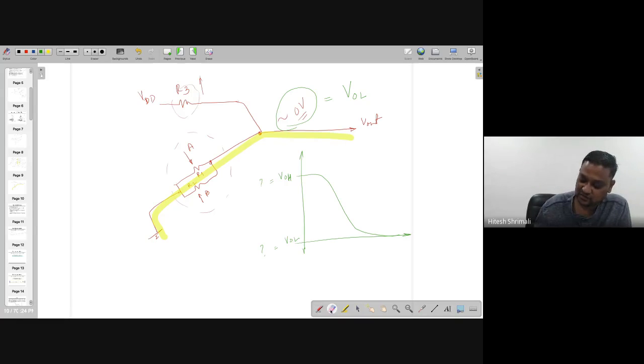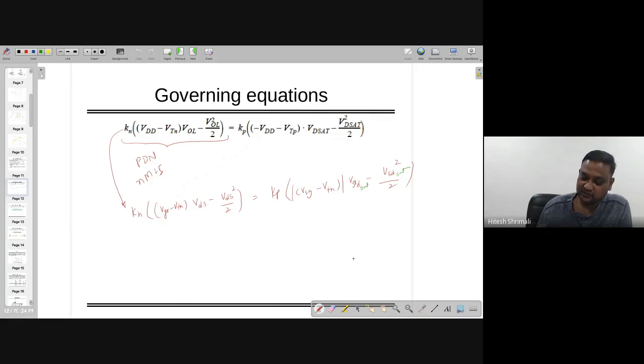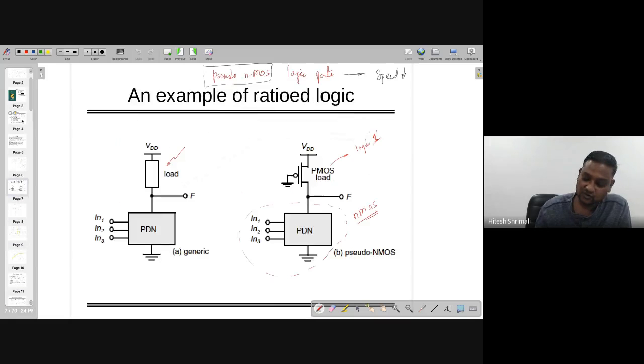VOH is sure to be equal to VDD, because the other two transistors are off, and this one is going to make the path to VDD. But for the other case, VOL, we need to find the equation. We can find it from the fact that both currents will be equal. The current flowing through the up part is going to be exactly equal to the current through the down part. So this is I0 and I1, and I0 and I1 are equal.